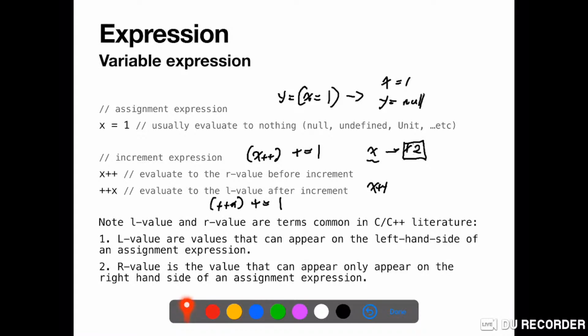But here the problem is x++ requires us to evaluate to the value before increment, but the memory cell has already been changed from 1 to 2. So the only way the compiler could return the value before is to generate a temporary variable that points to the value before increment.